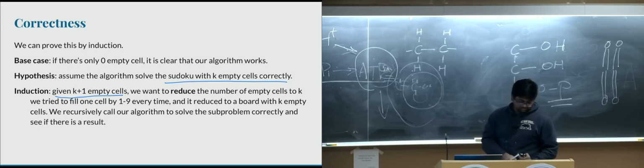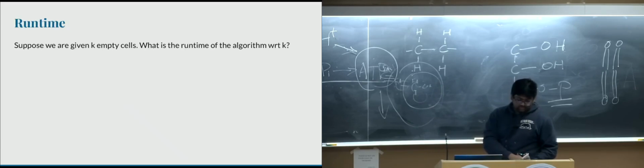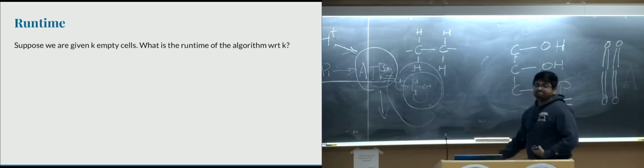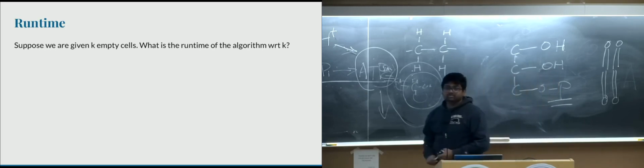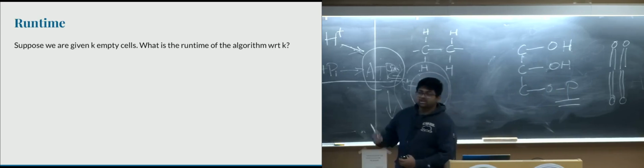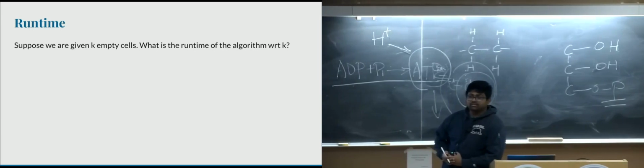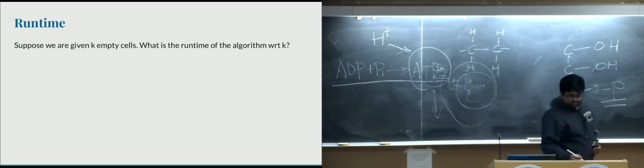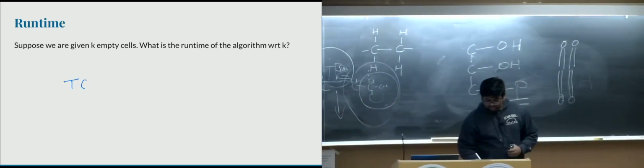Okay. So what's the runtime? Try to create a recursive function in terms of T of k and T of k minus 1. So what I want is this thing here.